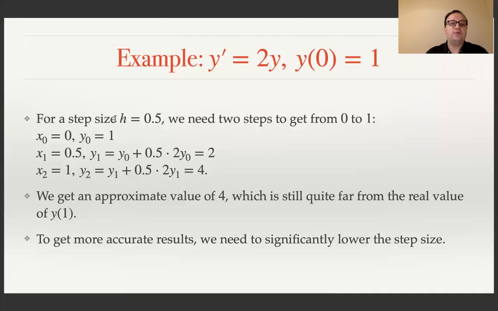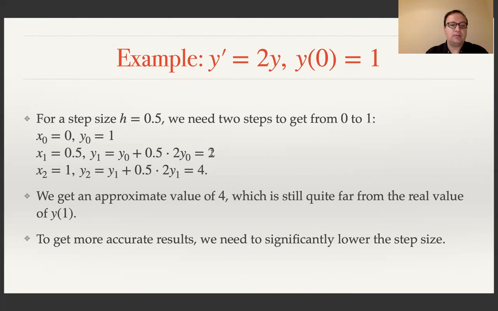Okay, so what if we use a smaller step size? Instead of taking one step to go through the whole interval, we use 2 steps. So this means we now are going to use a grid with 3 points, 0, 0.5, and 1. So the step size is 0.5, and we start from 0. The first step is 0.5. The second step is 1.